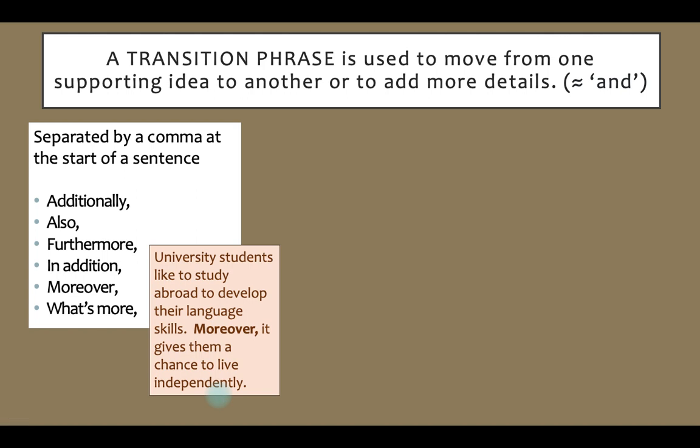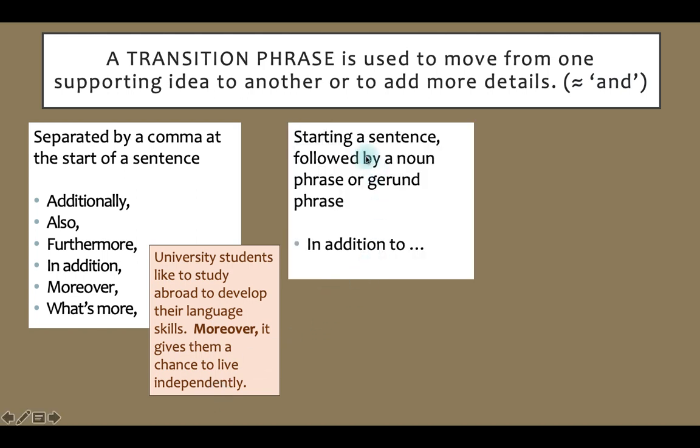A second group also starts a sentence, but is followed by a noun phrase or a gerund phrase. There's one example here. We start with "in addition to..." You can see here we just have "in addition," but here we're adding the "to," and after that will come a noun phrase or gerund phrase.